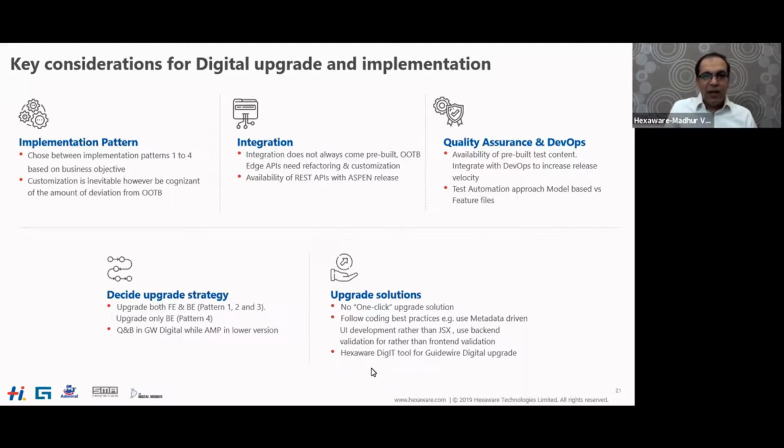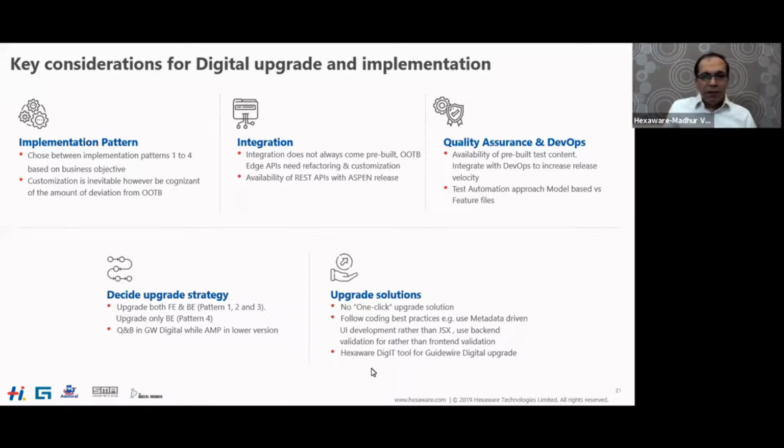While the extreme is that you may just want to use the backend edge services from the Digital 11 portal, while you want to do a heavy branding of your own, customize all the journeys to a great extent so that the customer experience can be great. Then you go with pattern 4, right? And each one has its pros and cons in terms of time to implement, time to market.